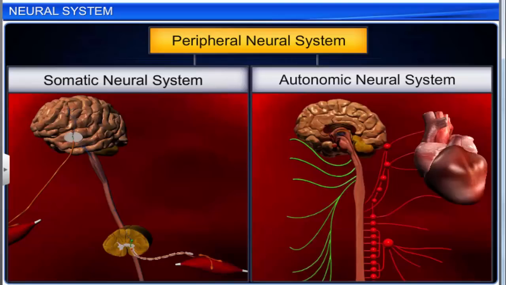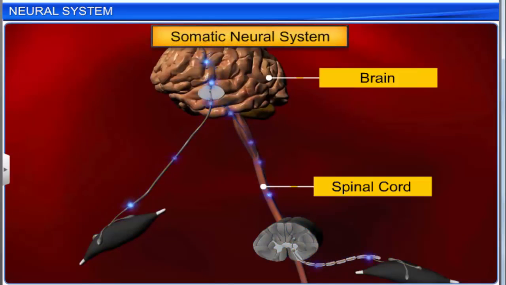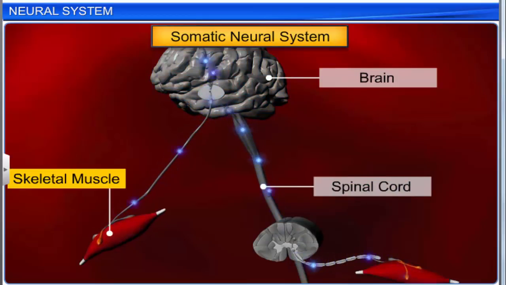The peripheral neural system can be further divided into the somatic neural system and the autonomic neural system. The function of the somatic neural system is to relay impulses from the central neural system to the skeletal muscles.